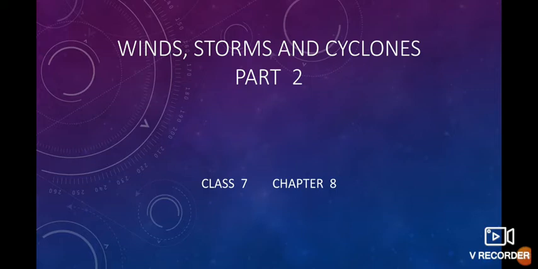Let us recall what we have learned in part 1, in case you have totally forgotten. We started with some properties of air. What are the properties that we studied? That air exerts pressure in all directions. When air heats up, it rises in an upward direction.